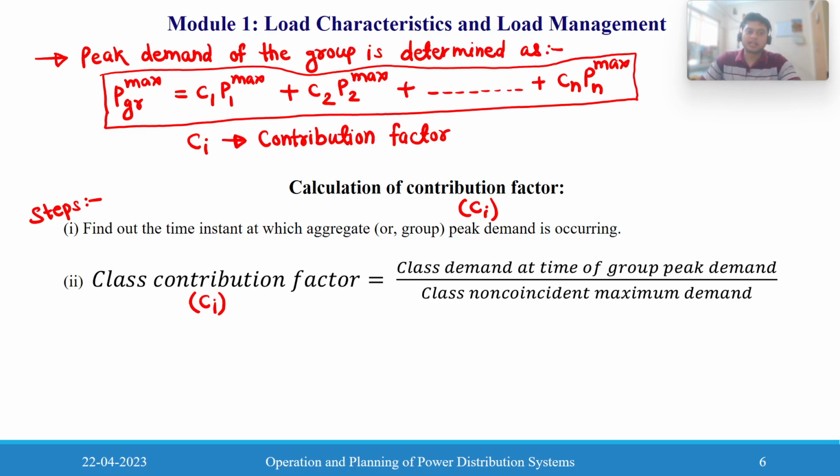For that time instant, for whichever class we are finding, we see the class demand at the time of group peak demand. That will come in the numerator, and the maximum demand for that class will come in the denominator.